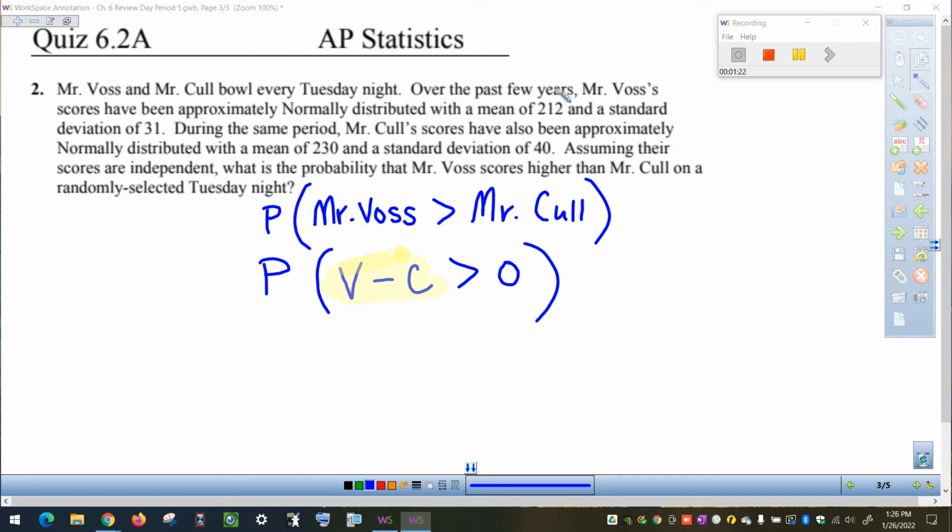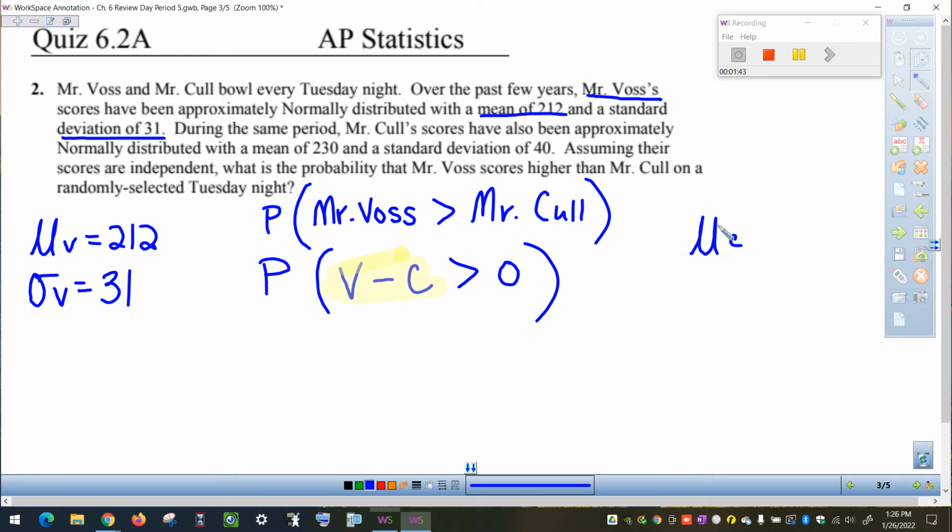And so we're going to go back here to look at information from the problem. So it says that Mr. Voss had a mean of 212 and a standard deviation of 31. So we might just write that off to the side here with some labels, so we know that that is all for Mr. Voss. And then for Mr. Cole, he had a mean of 230 and a standard deviation of 40.